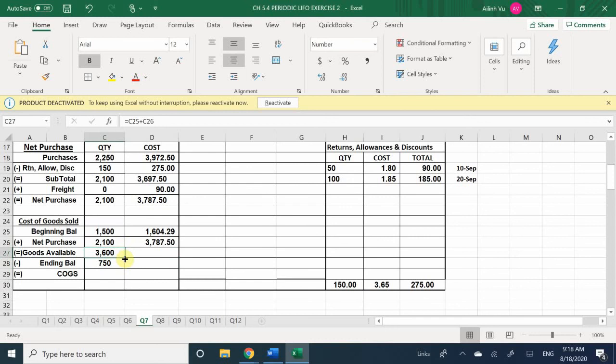And what is my total cost? 5,391.79. Good. All right. So what is my cost of goods sold here? 2,850.